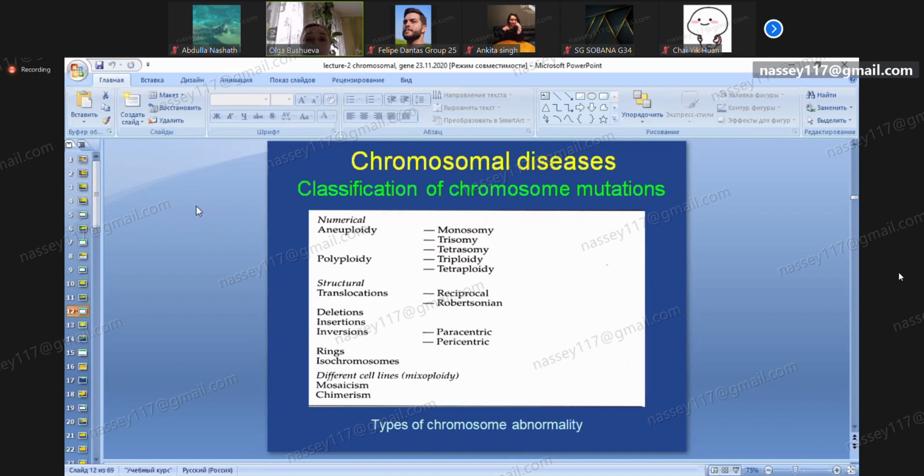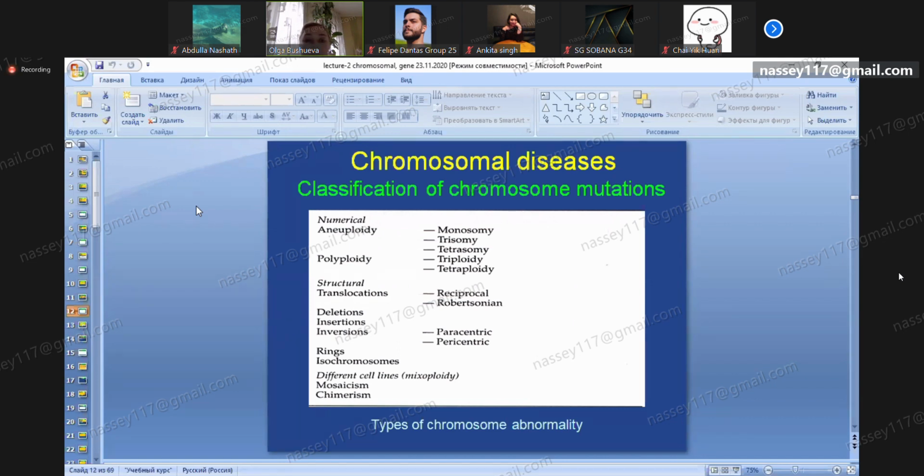Polyploidy may be divided into triploidy and tetraploidy, and aneuploidy may be divided into monosomy, trisomy, and tetrasomy.